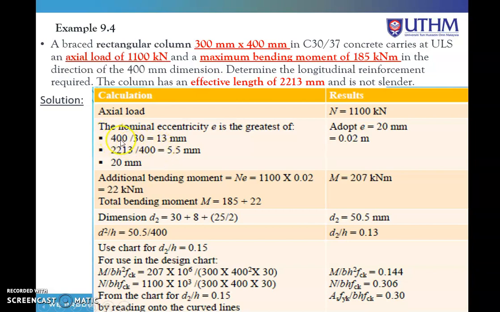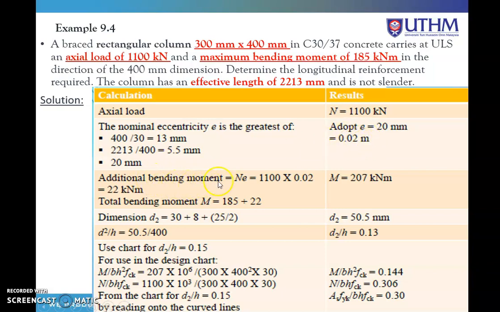So this one is h over 30, this one is effective length divided by 400, and this one is the constant value, which is eccentricity equal to 20. So by comparing these three values, the greatest value is 20 millimeter. So we adopt e, the eccentricity e, as 0.02 meter.